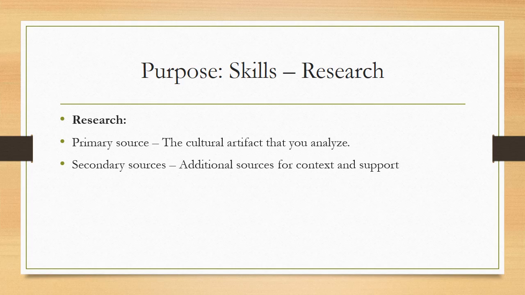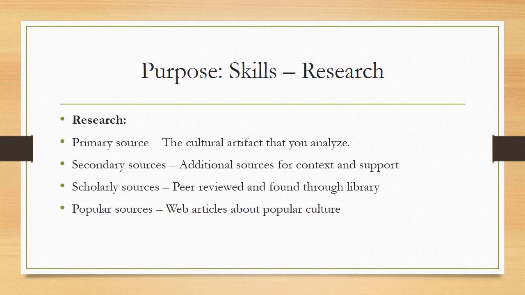But what are some types of secondary sources? There's scholarly sources, which are peer-reviewed and found through the library. You're probably familiar with scholarly sources from when you've done research projects before, for other classes or in high school. But there's also something called popular sources, which are web articles about popular culture.